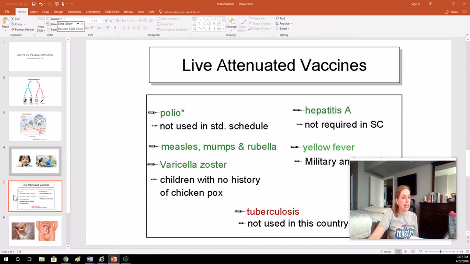There are vaccines that produce active immunity. These are vaccines that are going to be either live or attenuated vaccines. The most common one that you want to think of with this is going to be influenza.